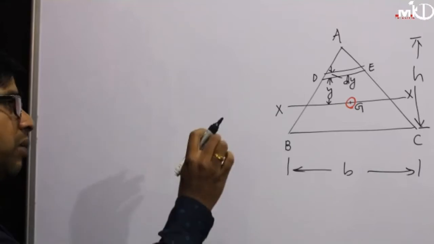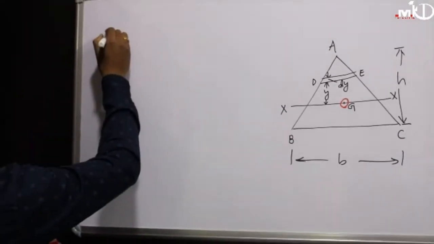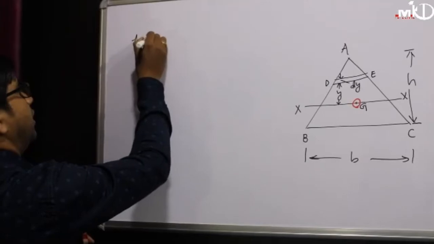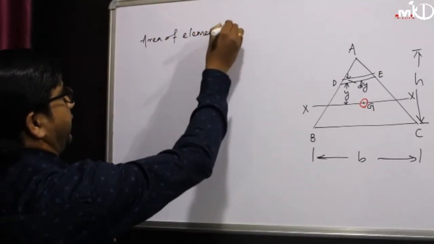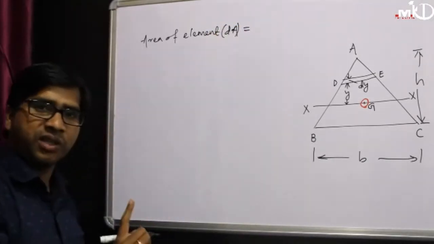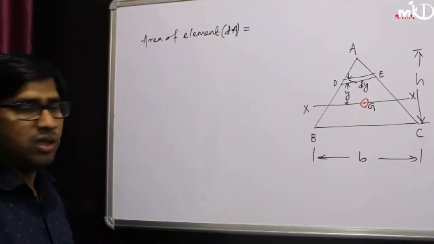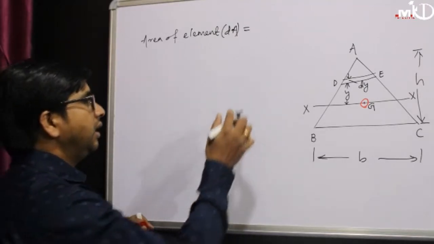Now first we will find the area of the element, dA. Why dA? A stands for area, d stands for small. So small area, DE, it's a rectangle.